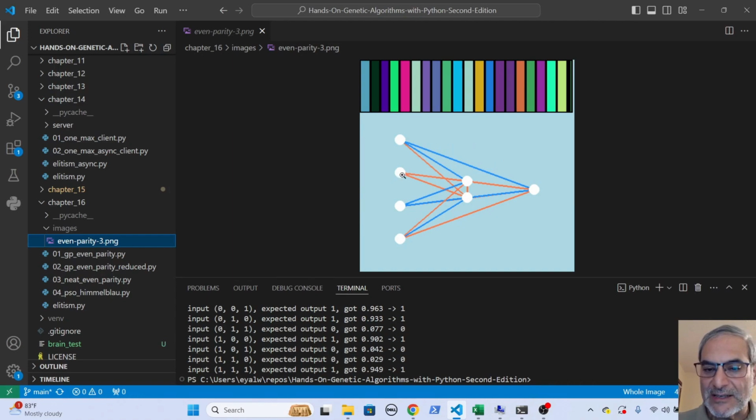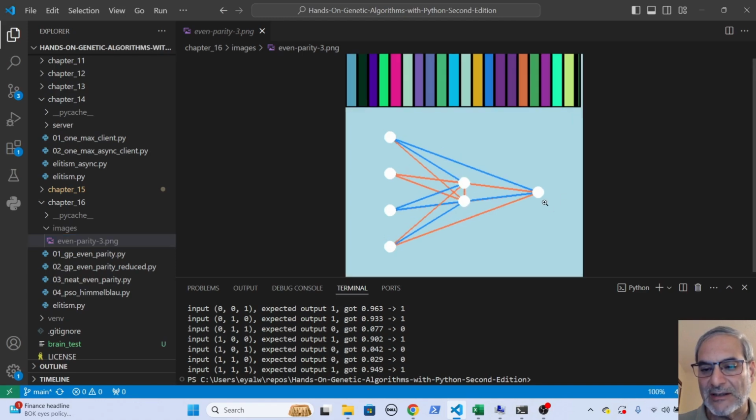So first, these are the three inputs. We have three inputs and one output. And the top node here actually represents a bias that is being fed to all the nodes that are not the inputs. Bias, or threshold, is something that neural networks need other than the weights of the connections that are coming in. Increase that a little bit.